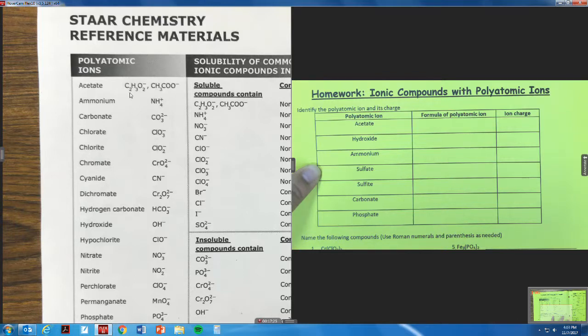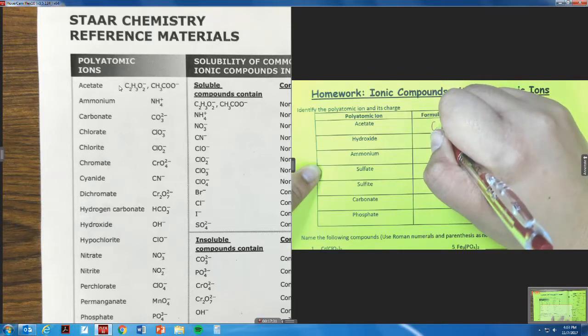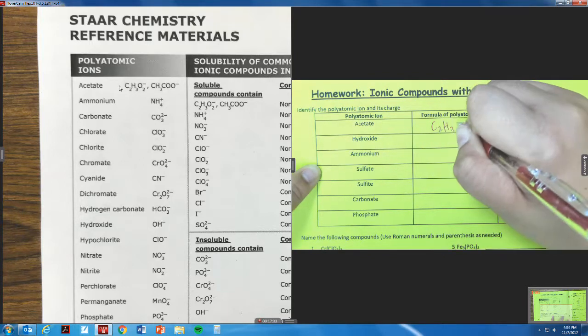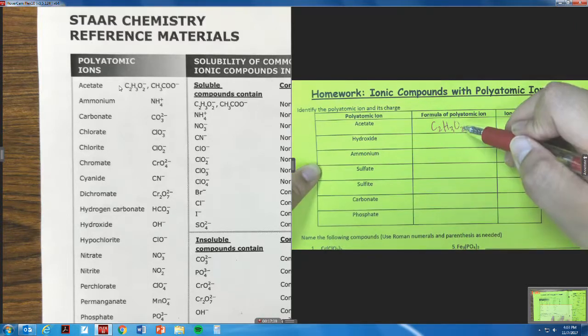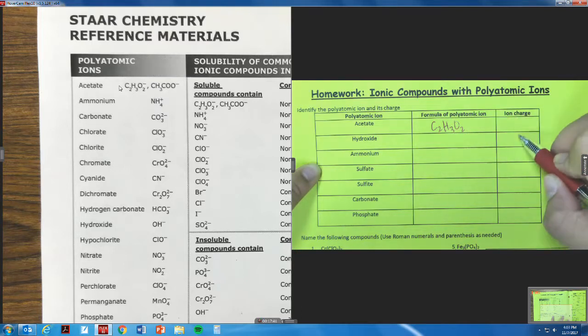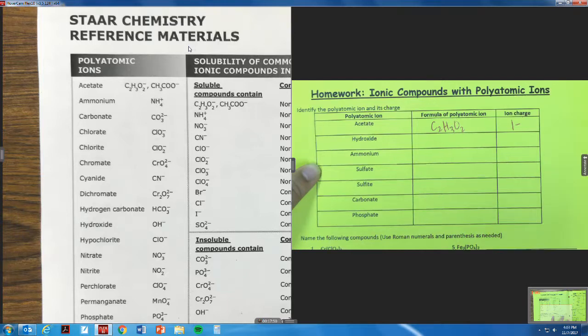So your formula is going to be C2H3O2. You don't want to include a charge, because a formula does not have charges. Your ion charge is where you would include your negative or positive sign. So my charge is going to be -1.